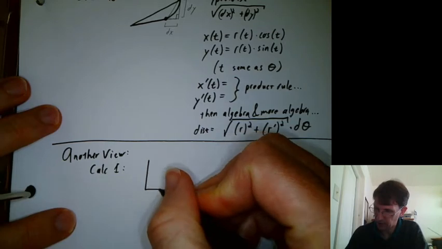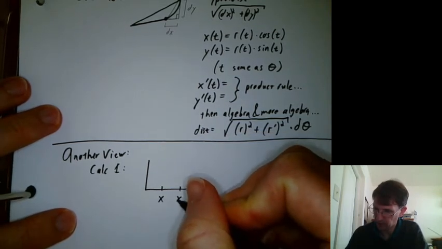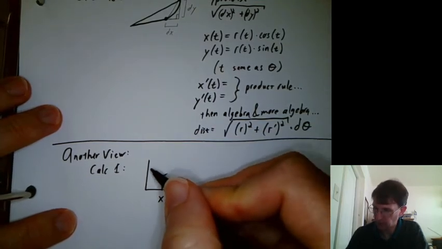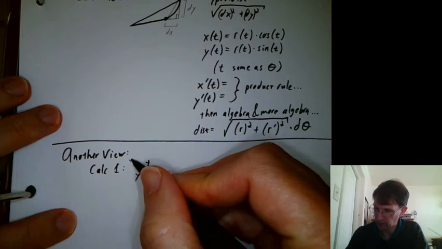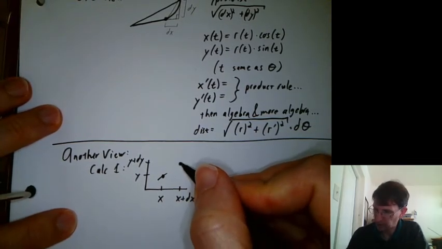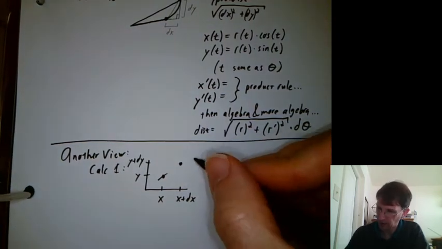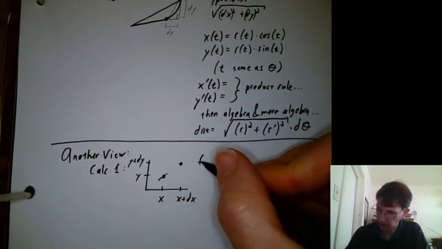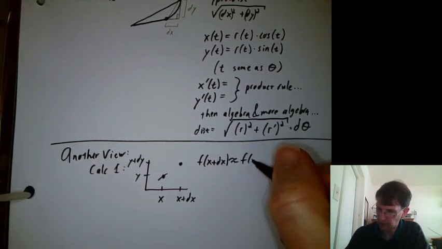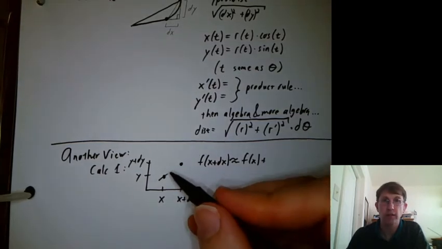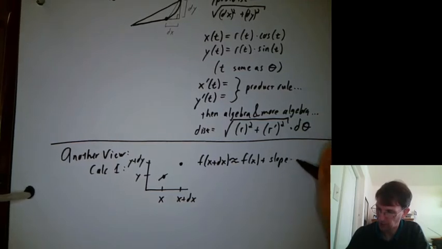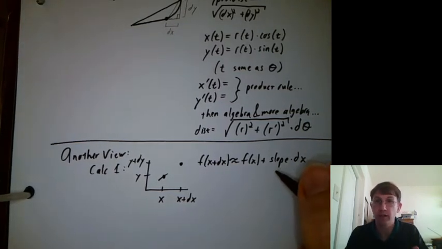If you had x here and x plus dx there, and you had some function increasing at some rate, and this is y and this is y plus dy, what's its value up here going to be? f of x plus dx is basically f of x plus the slope times the horizontal distance, slope times dx. This is basically the tangent line formula.